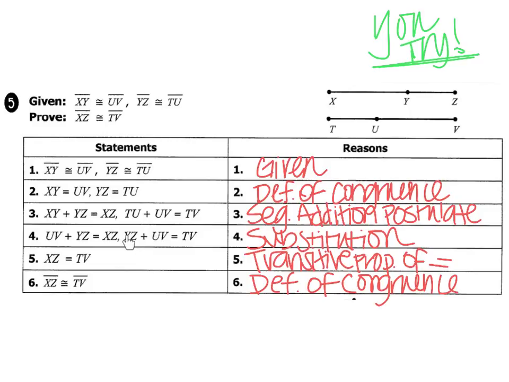So this and this are the same. If xz and tv equal the same thing, then we can say that they equal each other. And this is the transitive property. If A equals B, B equals C, then A equals C. So how we got statement number 5 was we're saying xz equals this and tv equals this, and they equal the same thing. Therefore, this is the transitive property of equality.